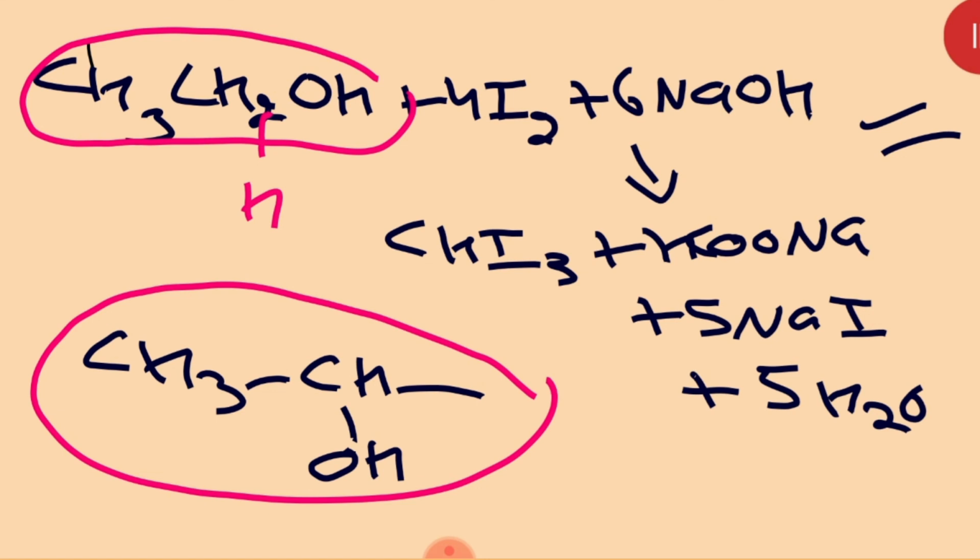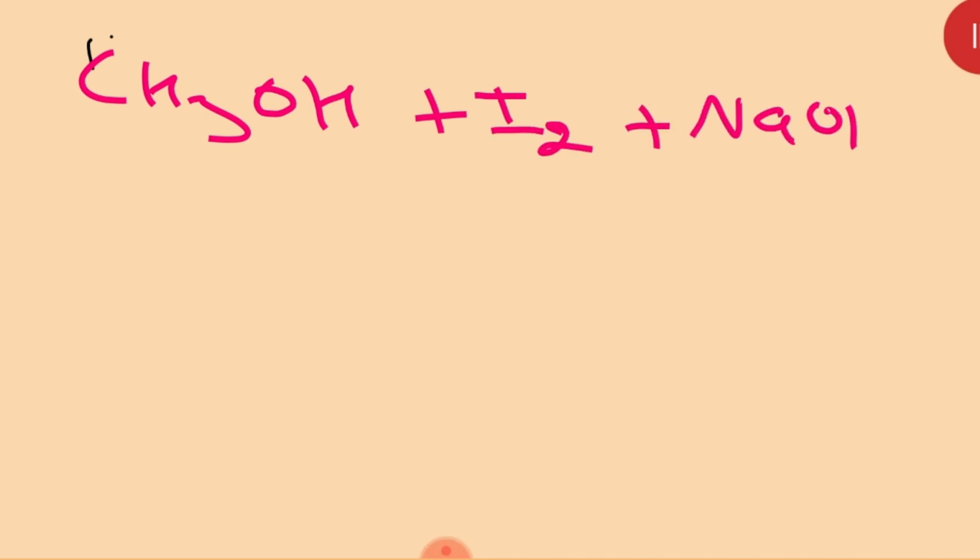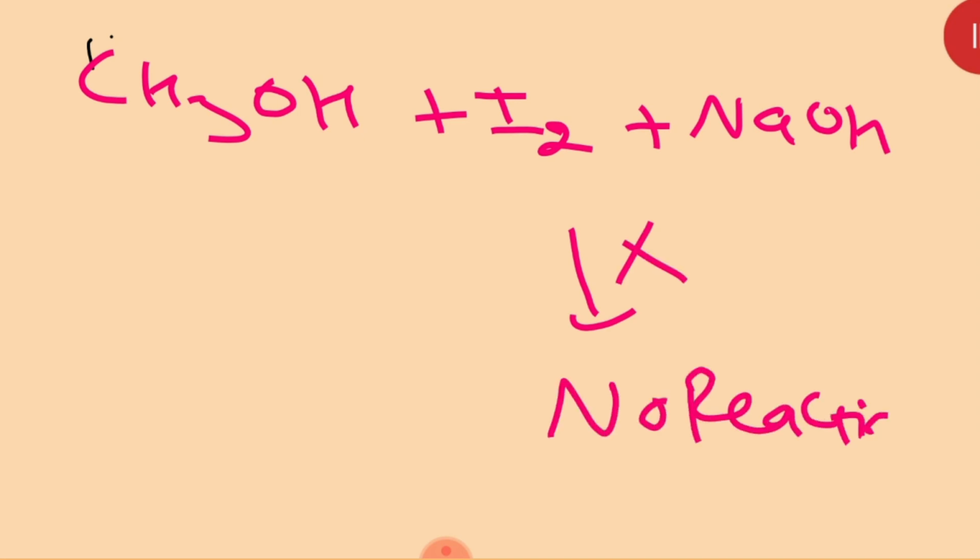Clear? Now in the same way, if you do this reaction with methanol, this is methanol plus I2 plus NaOH. Can it give the iodoform reaction? No, it is not possible. Why not possible? Because it is CH3OH.